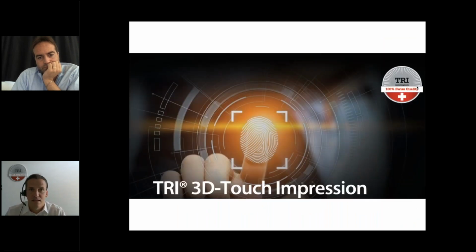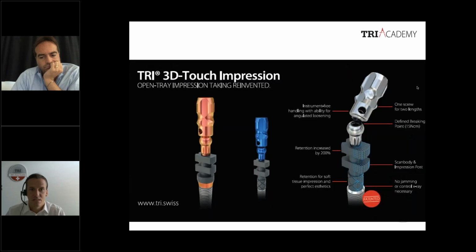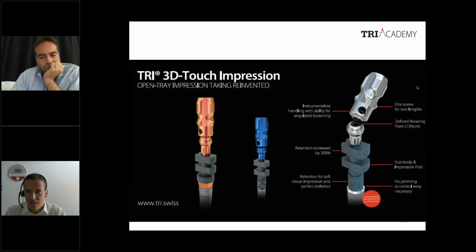Also, as I just said, we have a new scan body, which is also an open tray impression post. I think this is the right thing to combine the analog world with the digital world, and we call it our TRI 3D Touch impression post. On the right side of the slide, you see the impression post itself.